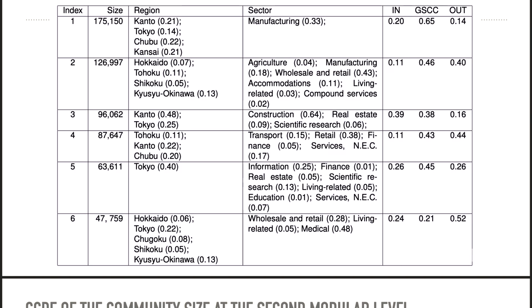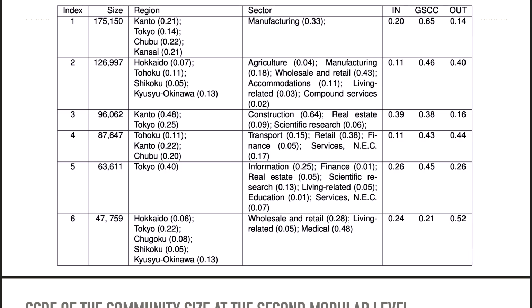If we look at the largest community, which has a size of almost 200,000 firms, at level 1, we see that it is mostly dominated by manufacturing, with about one third of the firms belonging to the manufacturing sector. The rest are from different sectors that are not significant enough to represent here.